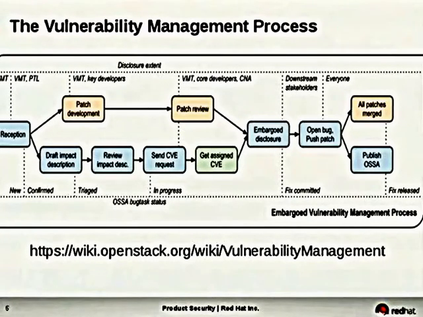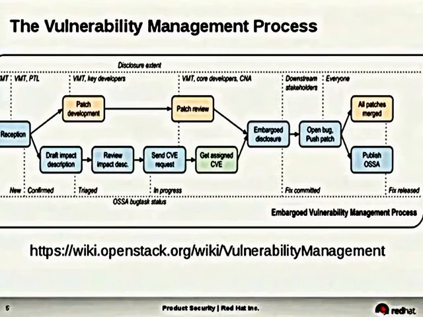Essentially, what happens when a security issue is raised, and how you actually raise a security issue, is by creating a bug in Launchpad, clicking the private security tag, or emailing us with a GPG signed and encrypted email. Basically, one way or another, that will notify all the members of the vulnerability management team that there's a problem with OpenStack code.